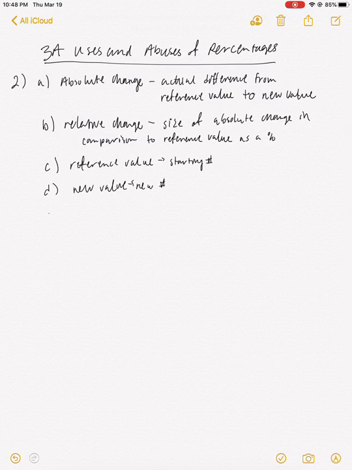Now there's a formula for the absolute change, which is the difference from the reference value to the new value. So absolute change is equal to the new value minus the reference value.